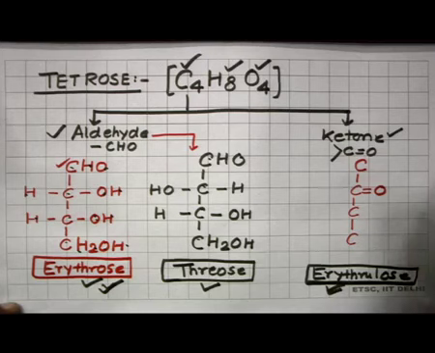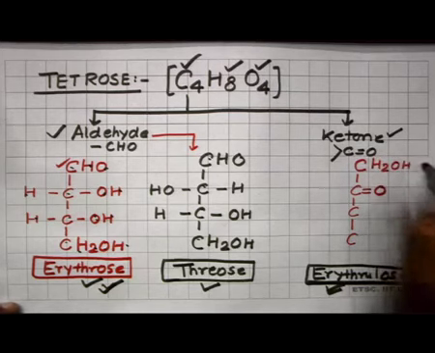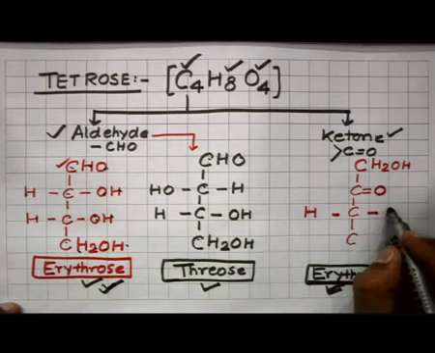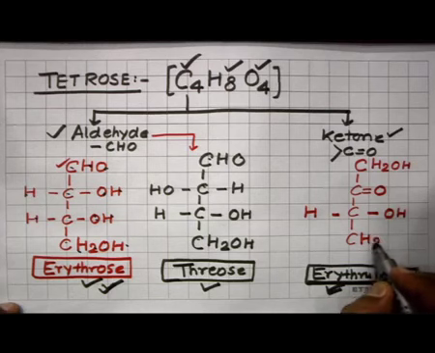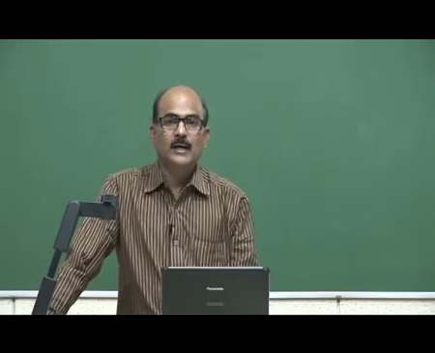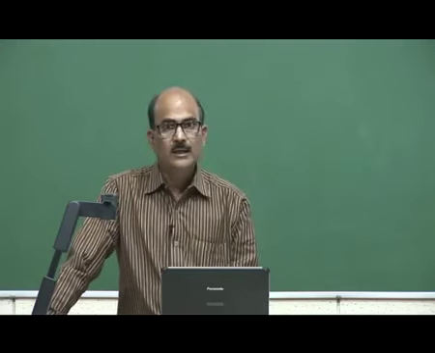So, at 1 position CH2OH, and same as erythrose or threose, in the third position H and OH are present, and the last position is CH2OH. So, we can easily write the structure of triose and tetrose.